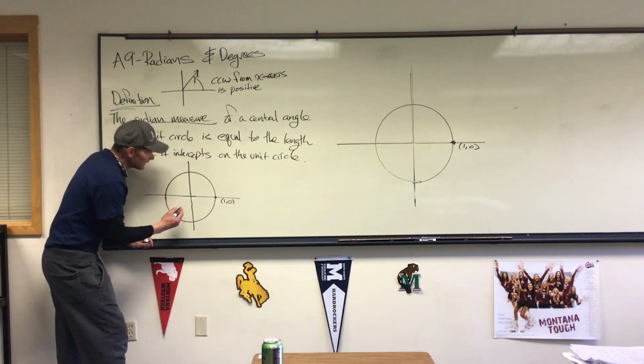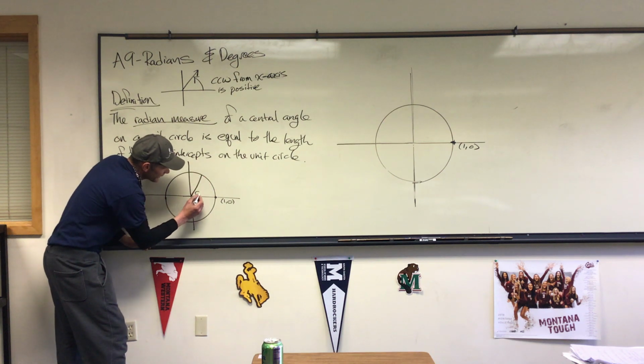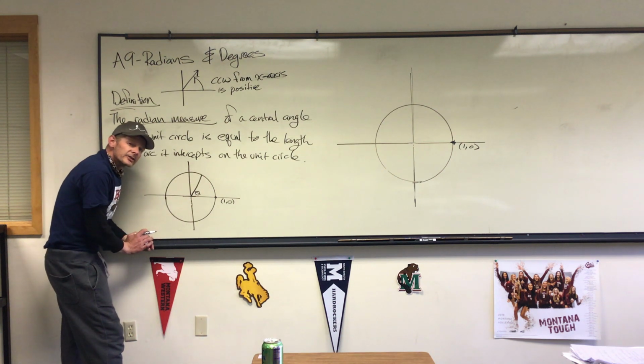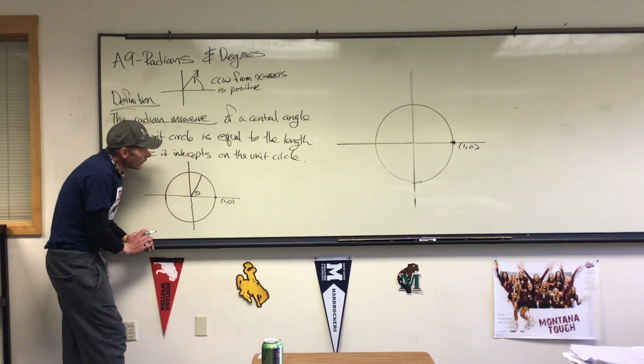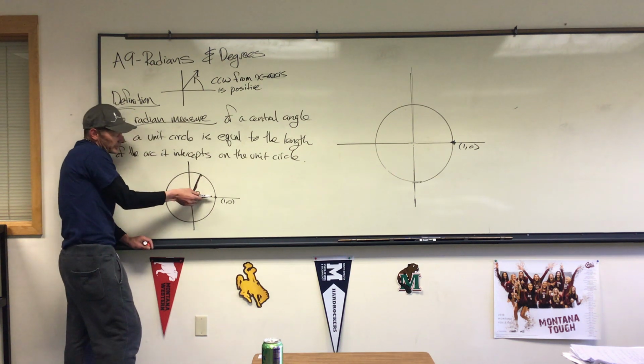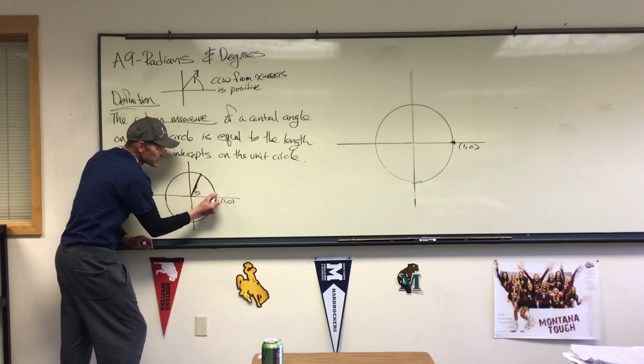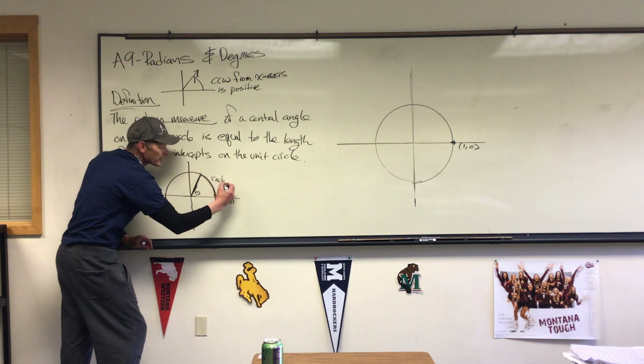Here's a unit circle. Let me do a central angle. Here's an angle. The central angle is just an angle that has its vertex at the center of a circle. So we are on the unit circle and we turn theta, and the length of this curve is the radians of the angle.